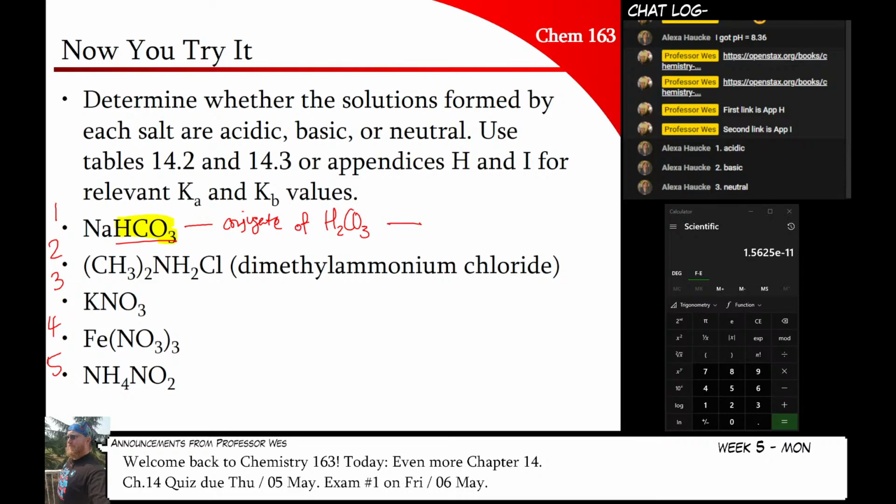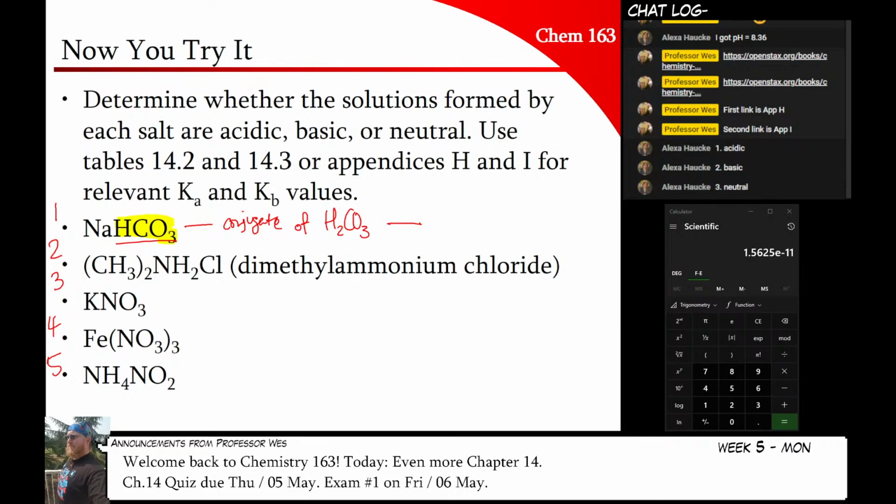What I'm trying to get to is that it's a base, but in my head, the only way that I can explain that is to say it's a base because baking soda bubbles when I put it in acid in the lab, and that's not a very great reason. Why can't I find table 14.2? Oh, I could just type this, table 14.2.